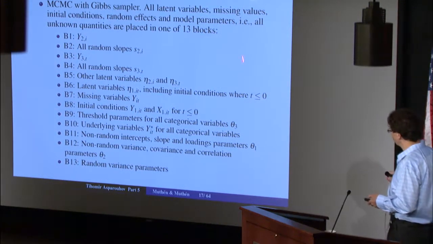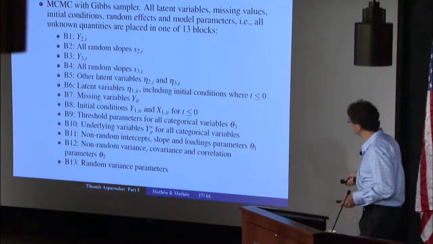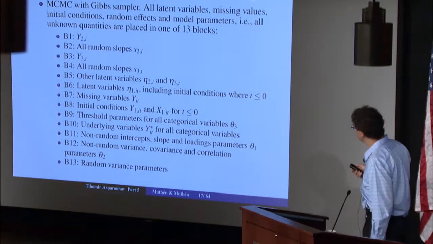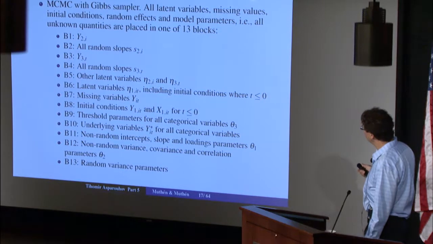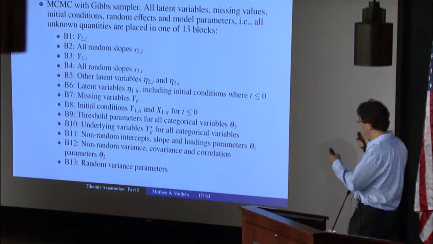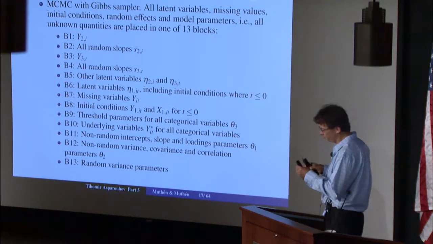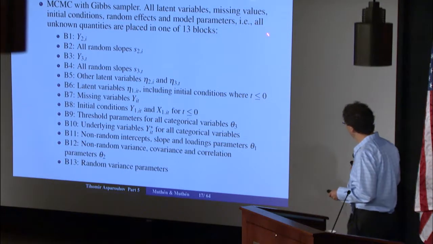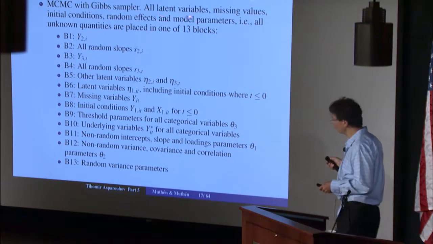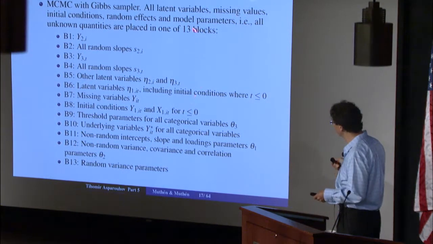The DSEM estimation is, again, a Bayesian estimation. It's an MCMC estimation with the Gibbs sampler. The way the estimation works is we determine all the unknown quantities in the model. These are all latent variables, missing values, initial conditions, random effects, and the model parameters. And we split all these unknown quantities into blocks.